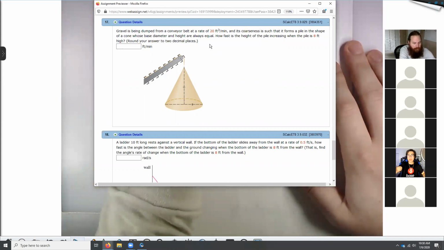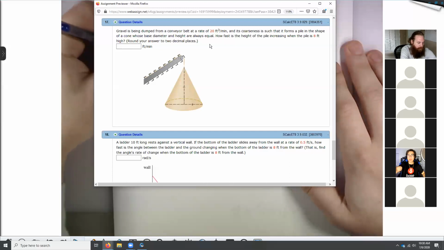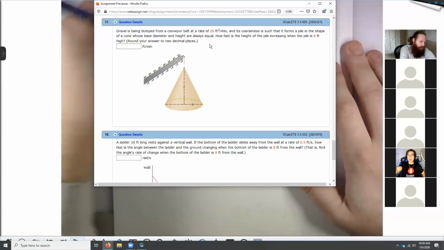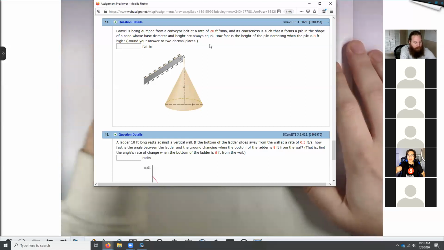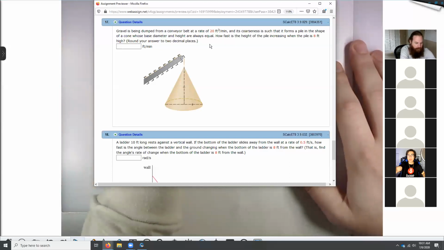Find how the height is changing when the cone is 8 feet high.